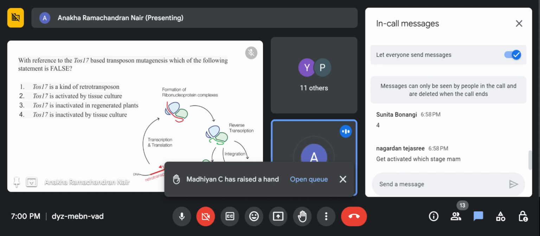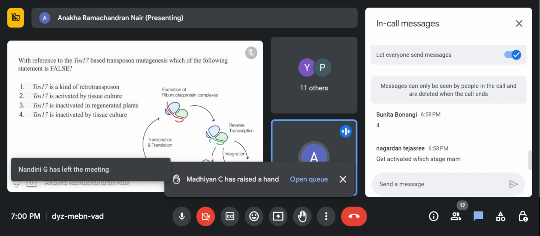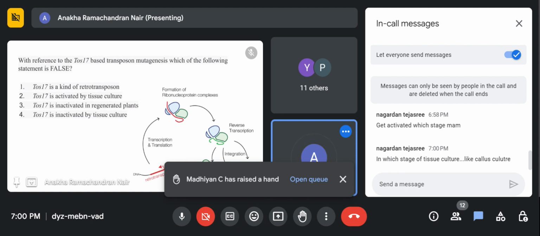All right. In this case, I will tell you what the false answer is. Of tissue culture, like callus culture. Okay, got it. So yes, that would give away the answer in this case.